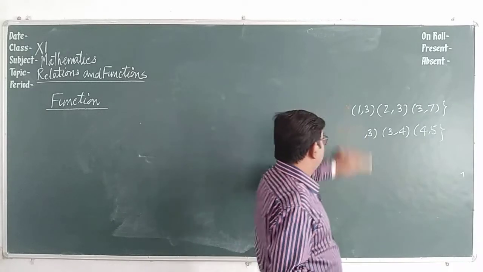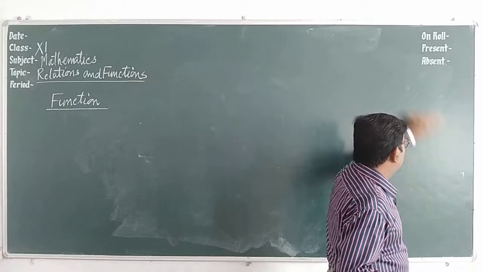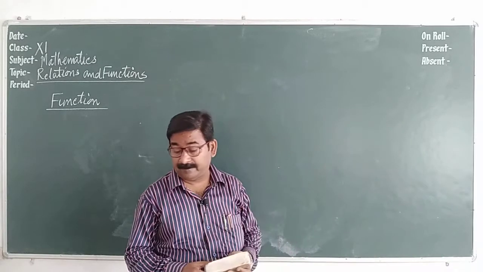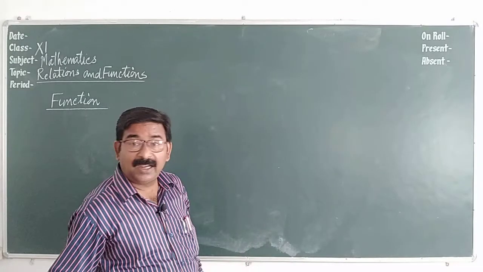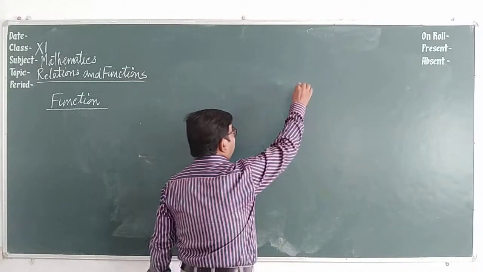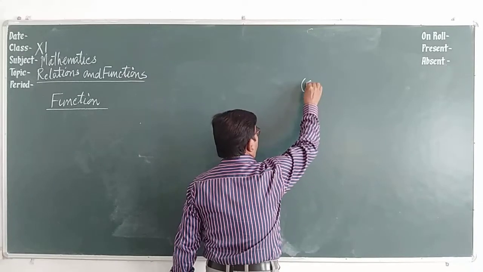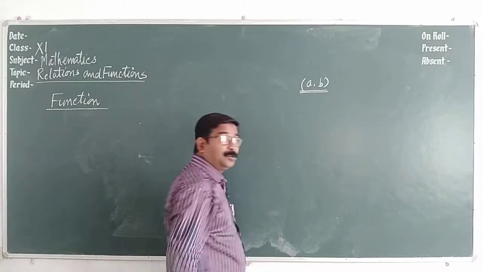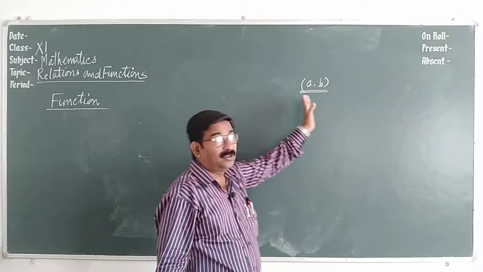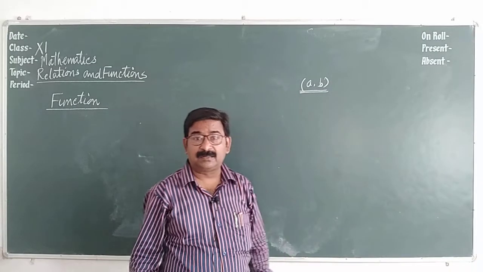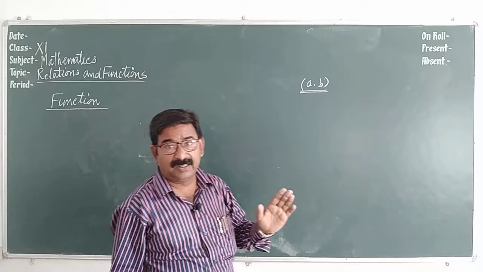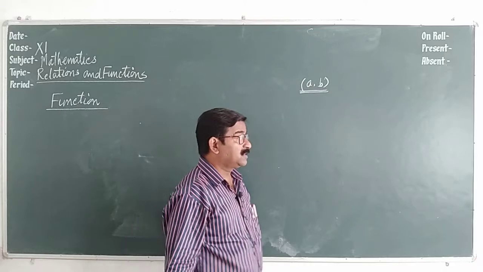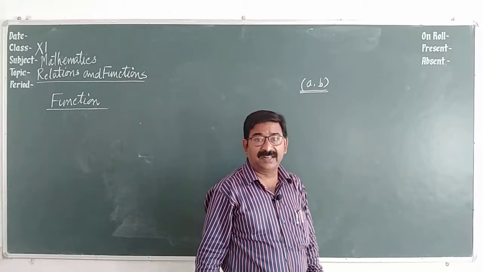Now let's see what is domain and range in the function. First, I would like to tell you one thing. When we write ordered pair like suppose A comma B, as I told, collection of all first element is domain, and collection of all second element is range.